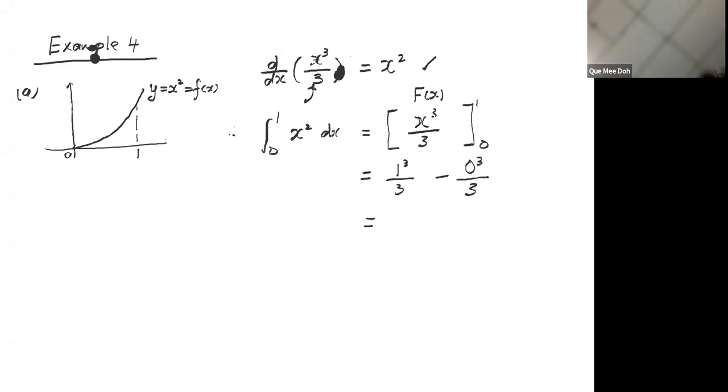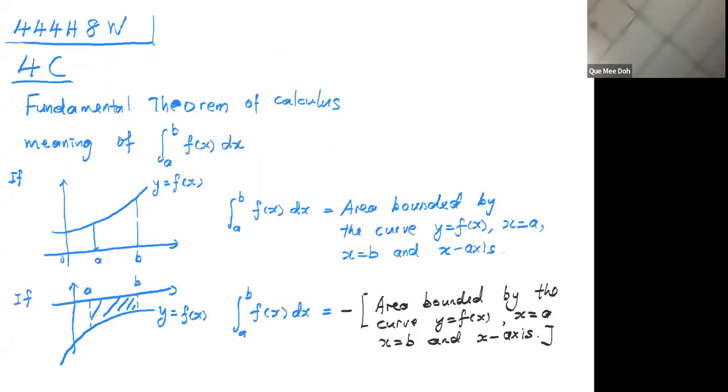Okay, so this will be 1/3 minus 0, so equal to 1/3. So in this case, it represents this area, but not always represent the area. You have to be very careful. I told you already, there are 3 situations. One situation is like that, you will represent the area.